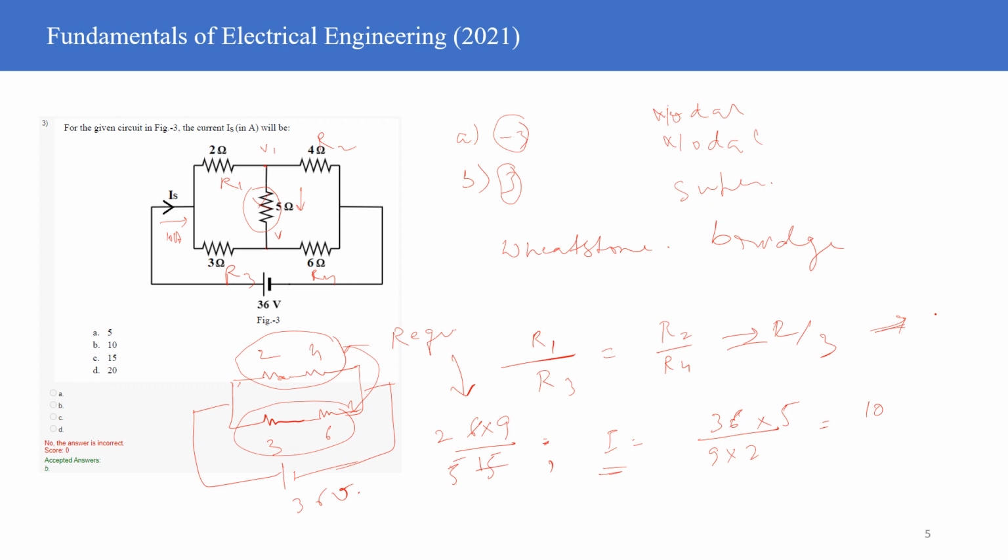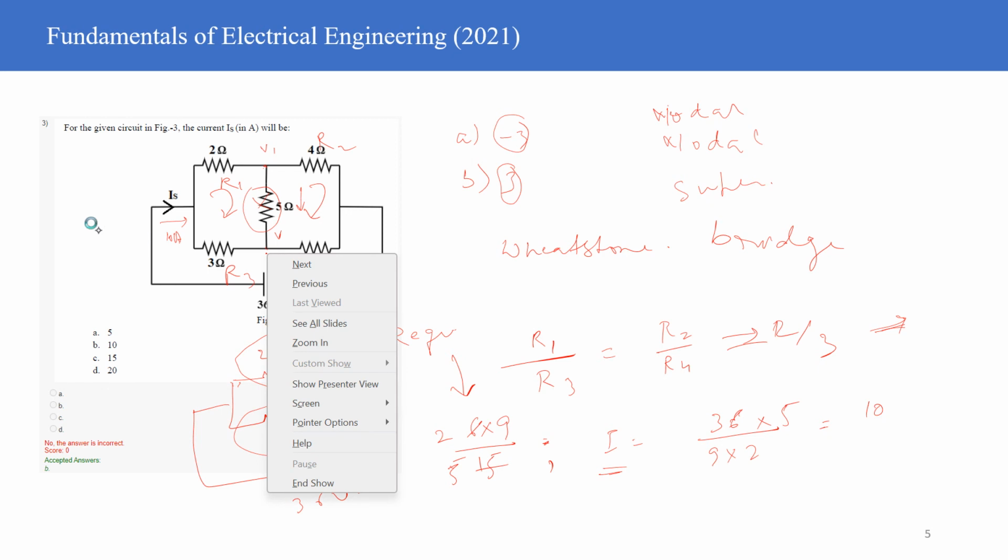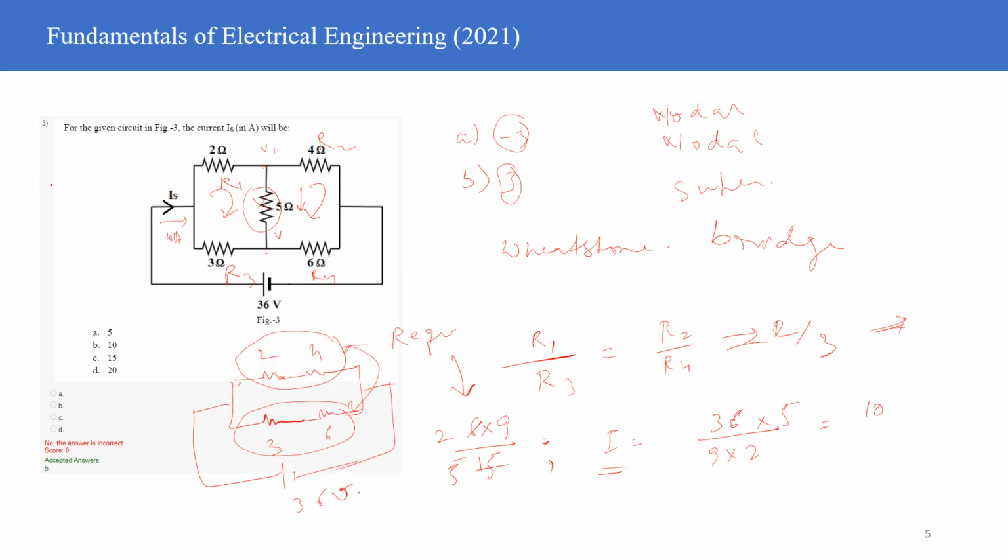That is because when you derive the circuit for the Wheatstone bridge, you will use the mesh analysis. If you are not aware of the Wheatstone bridge, you will use the mesh analysis. This is a simplicity which people have observed and taken into consideration. They have written down the mesh equations, figured out the potentials V1 and V2, and then figured out under what condition V1 is equal to V2.